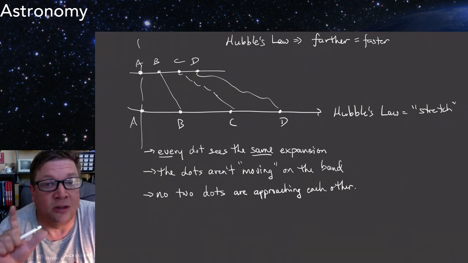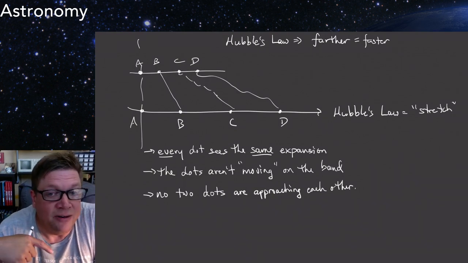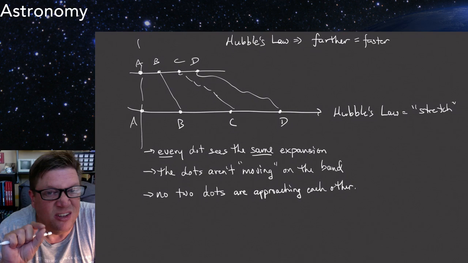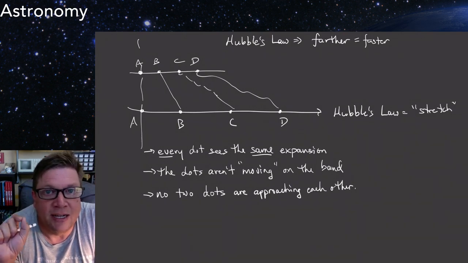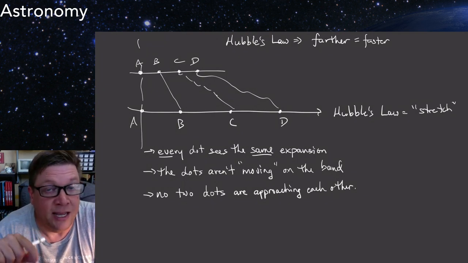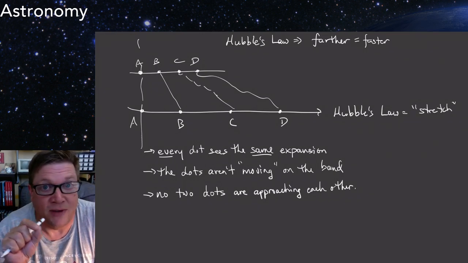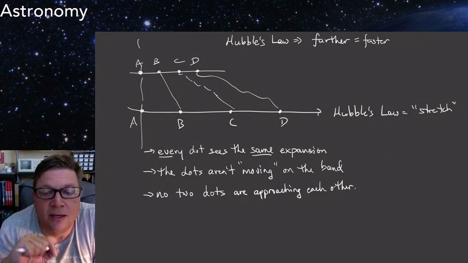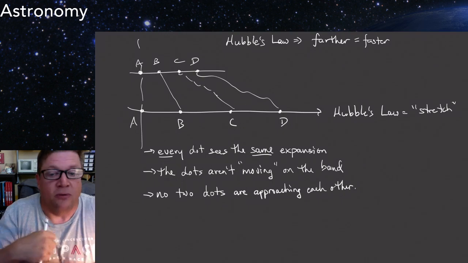That's only really important on a large scale. So now if you imagine that A, B, C, and D are not individual ants, but maybe little ant colonies, so this is a very, very large rubber band, it sure could be true that within ant colony A, two ants could be approaching each other just because they walk faster than they're being carried apart. But individual colonies, in other words the clusters themselves, are being pulled further apart.